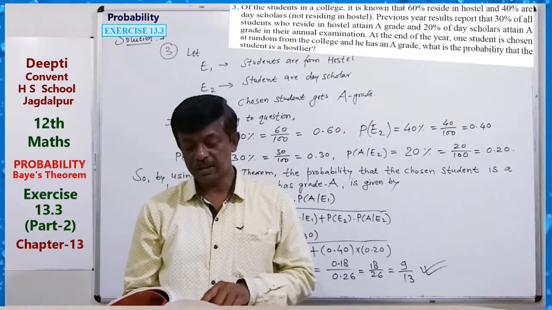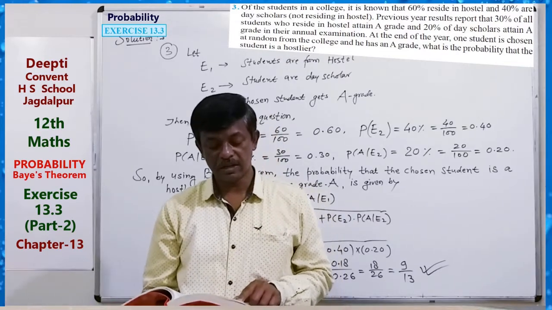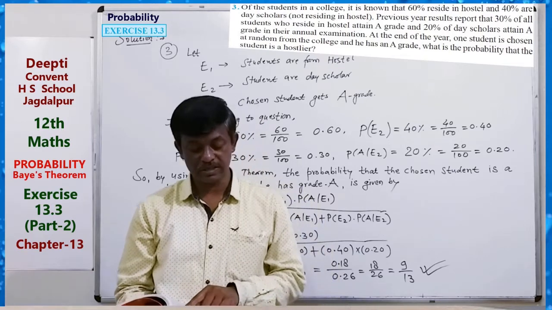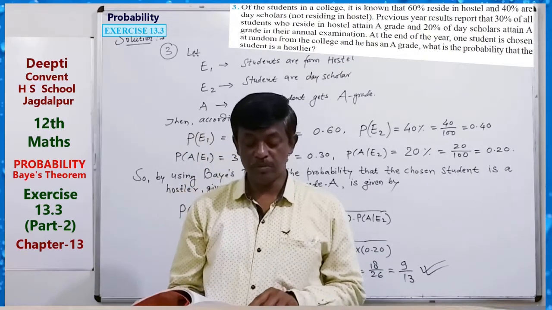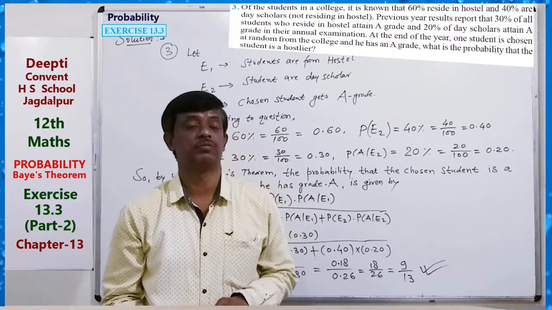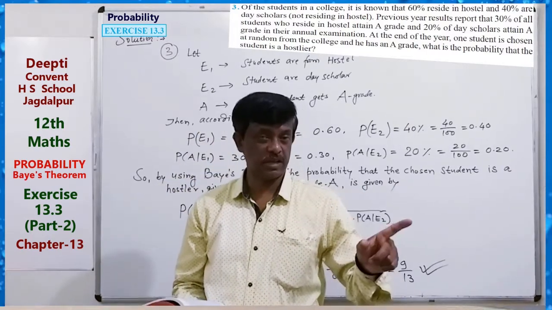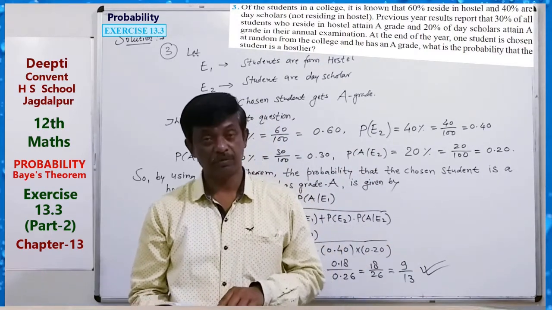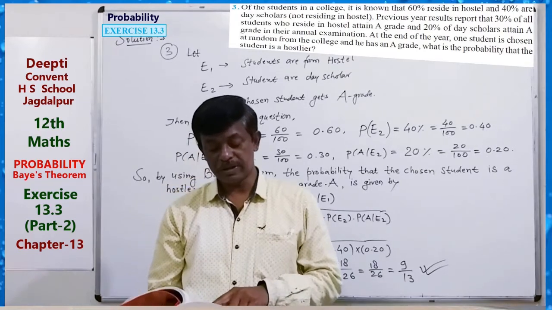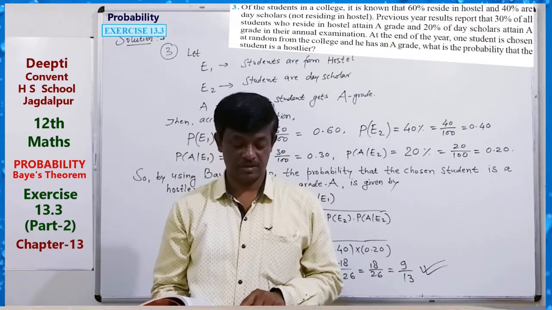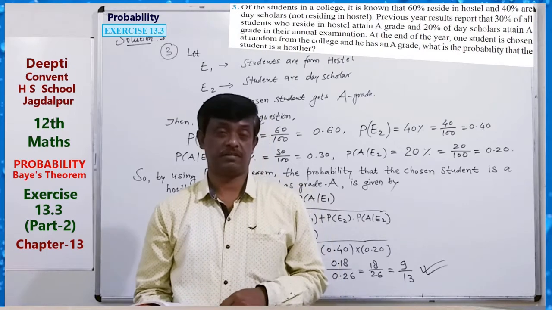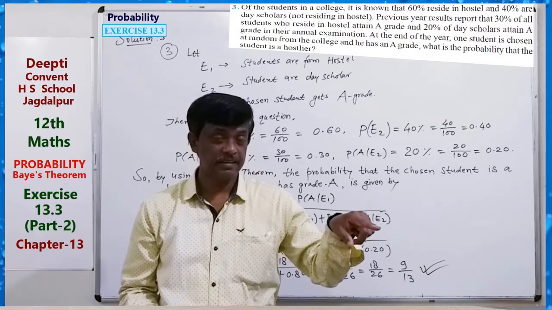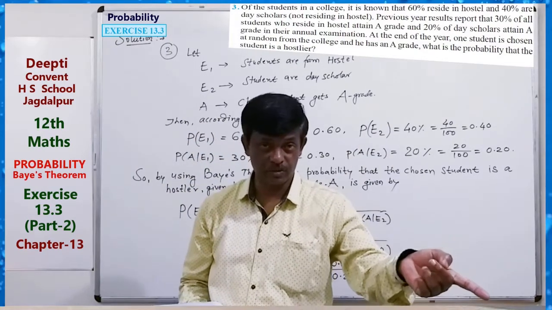Assuming that a student who guesses the answer will be correct with probability 1 by 4. What is the probability that the student knows the answer, given that the answer is correct? So our event A is the given answer is correct by the student.